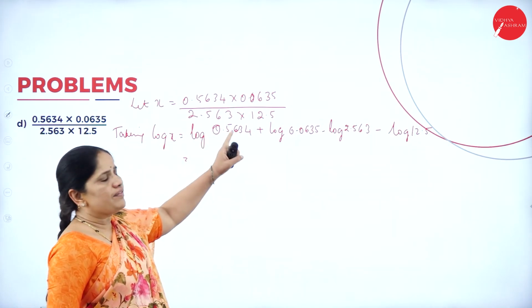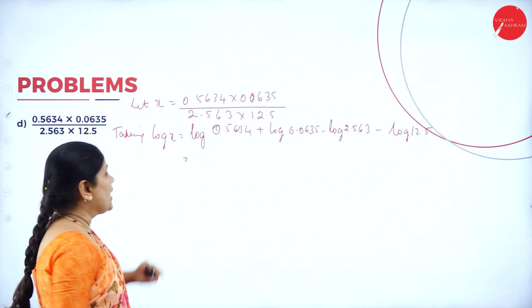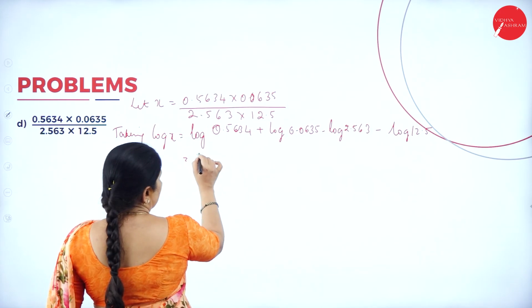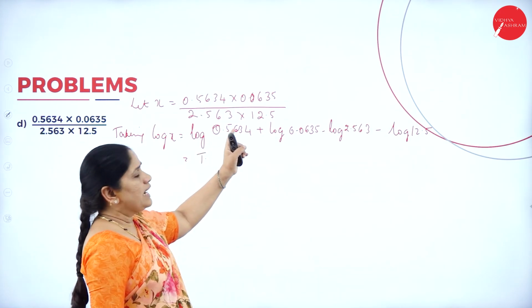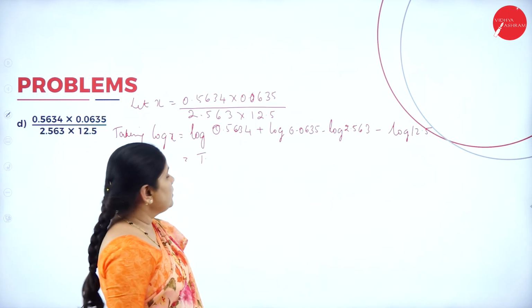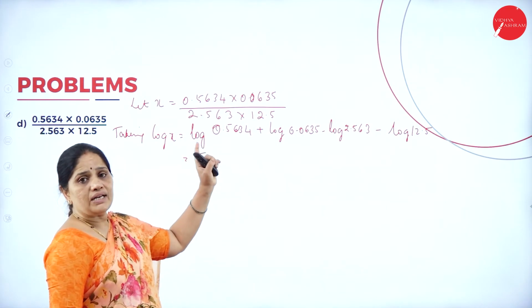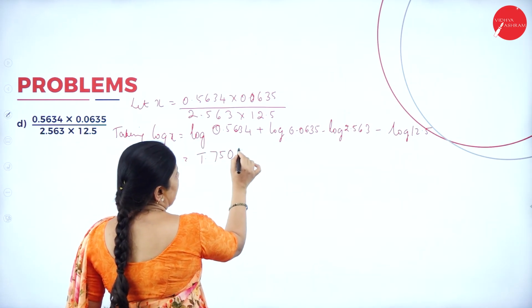So, 0.5634. So, 0 minus 1 is minus 1. So, I will write it as minus 1 point. Now, I have to find the value of 5634. Now, what is the log value of 5634? So, the log value of 5634 is 7508.